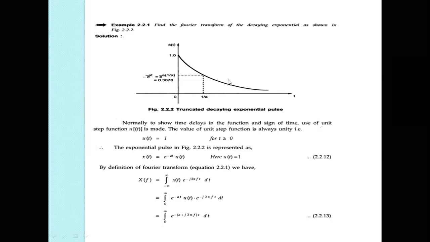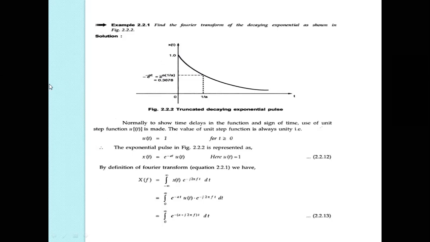So for every given function, you can multiply with the step function. But it is not used in the Fourier series, my dear students, because the Fourier series is repeated for every interval of 0.5, or every interval of T, meaning in the negative real axis also it is repeated.